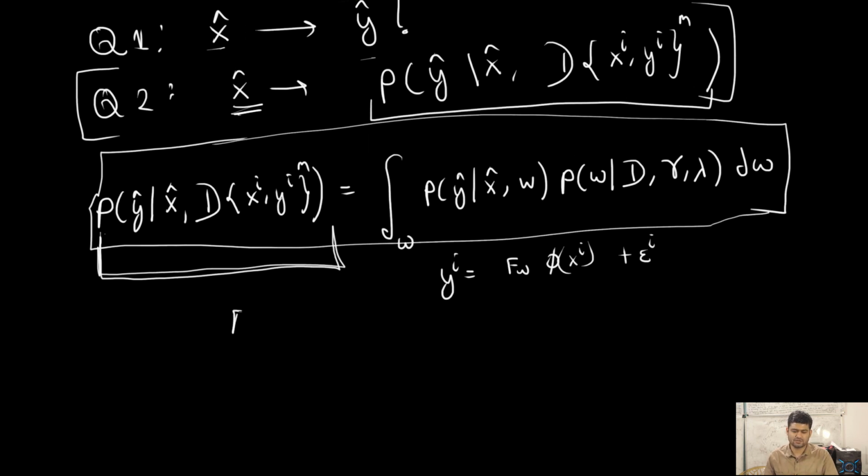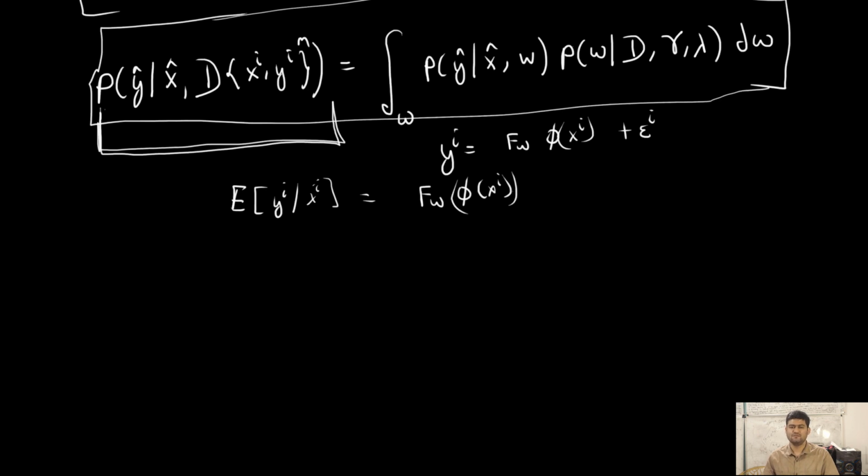We also saw that the expected value of yi given xi is nothing but the functional mapping phi of xi. And likewise, let's suppose we don't have any data set. We just have the prior distribution, prior P of w given gamma and lambda.